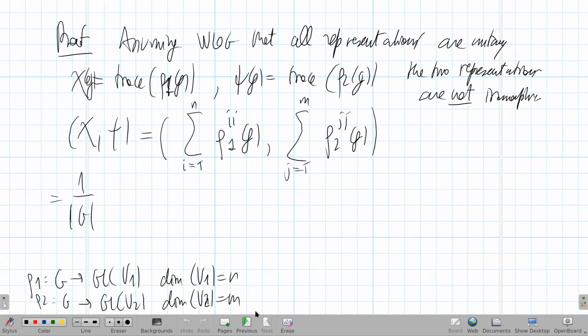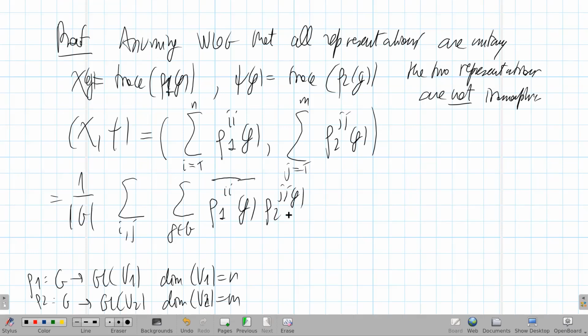You take this out and you have the sum over i and j, from 1 to n and from 1 to m, of the sum for g in G of the conjugate of rho 1 i i of g times rho 2 j j of g.